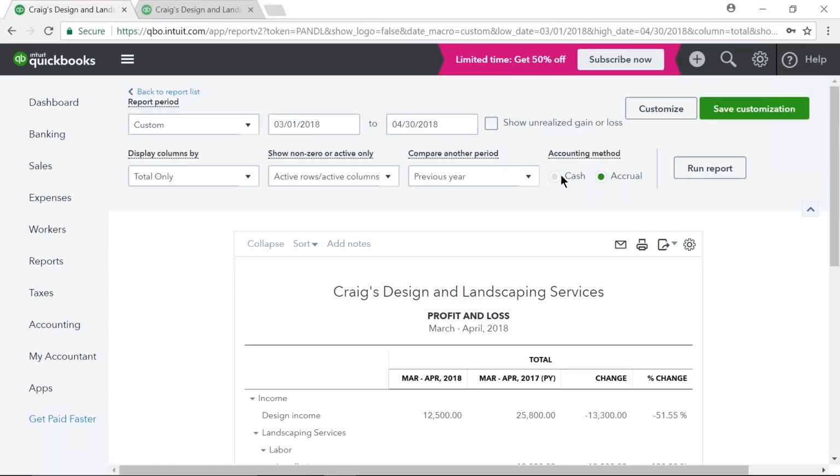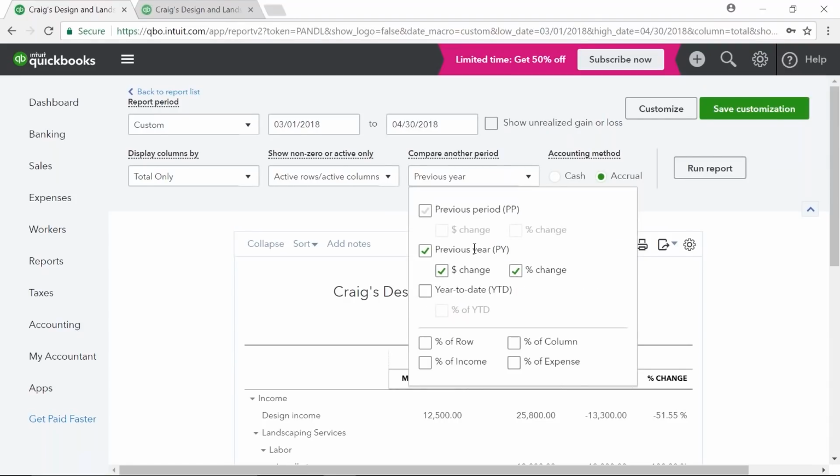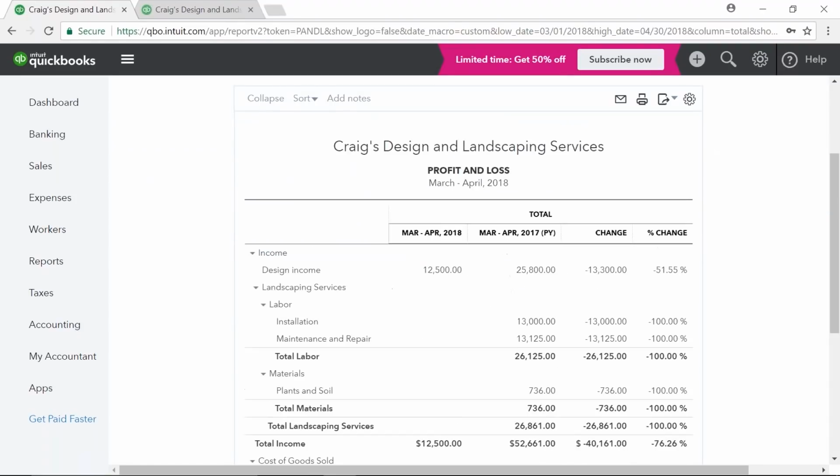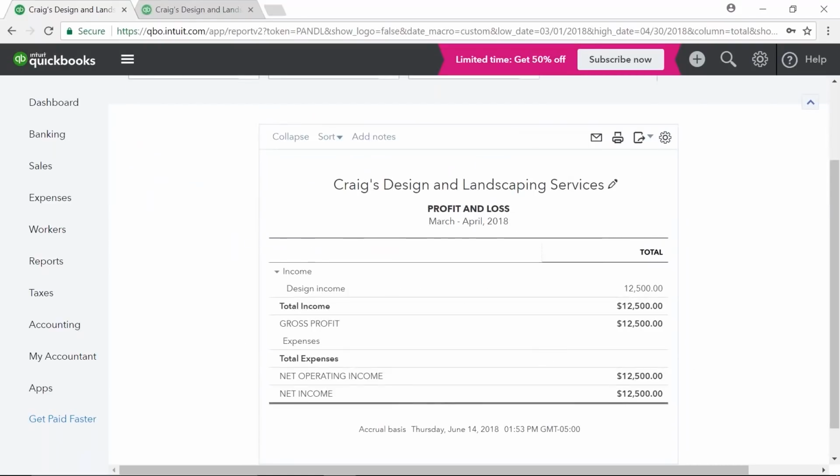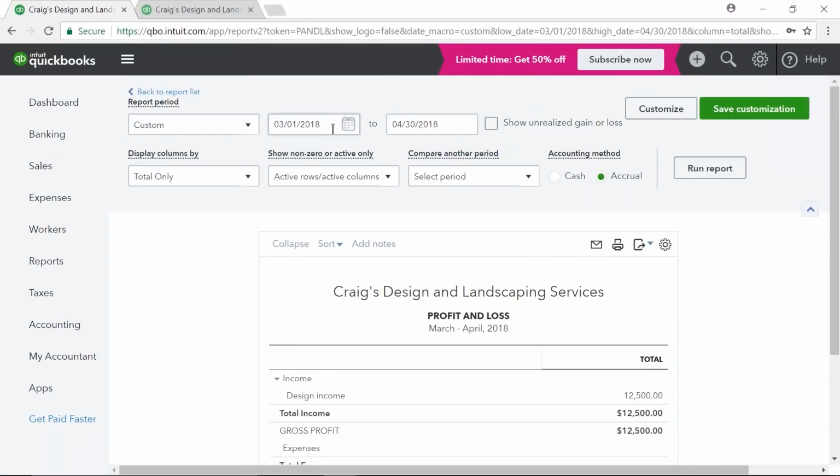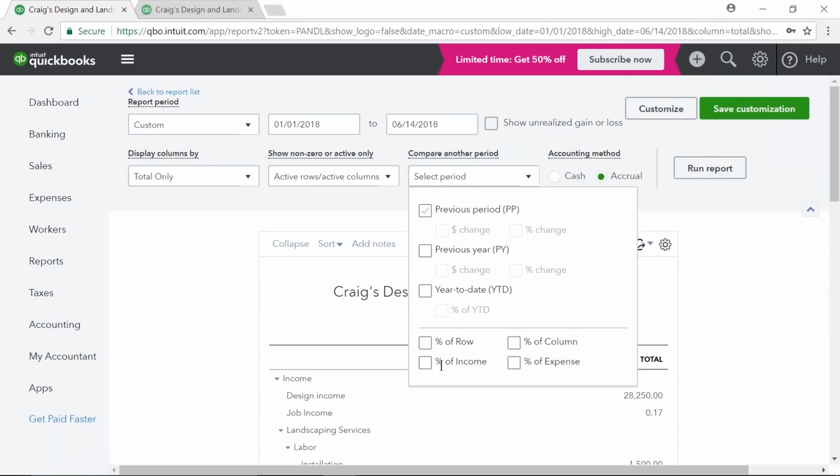I am also going to look at another metric that you can change about this report, which is that you can add a percent of income or percent of expense in this area.